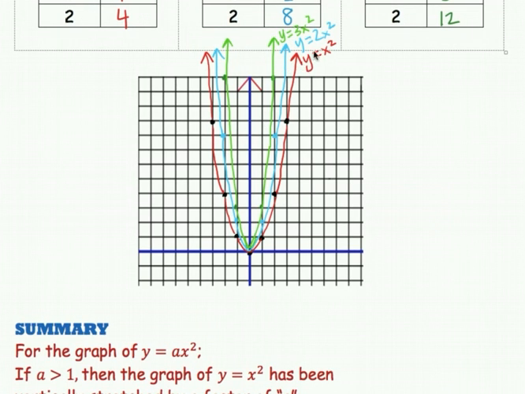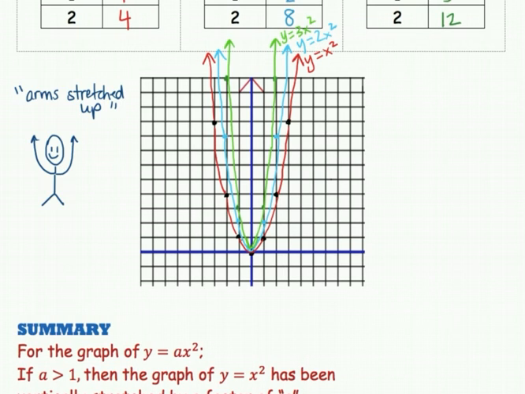As you increase the factor a, the number that's in front of the x squared, you will find that there's a greater and greater stretch involved. A little figurine is drawn here. Think of it as when you are applying a vertical stretch, your arms are already going up in the air.